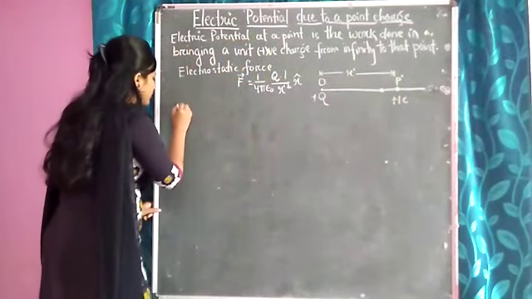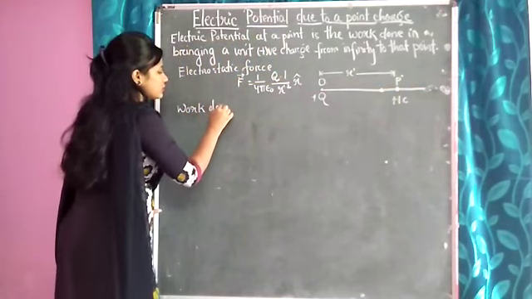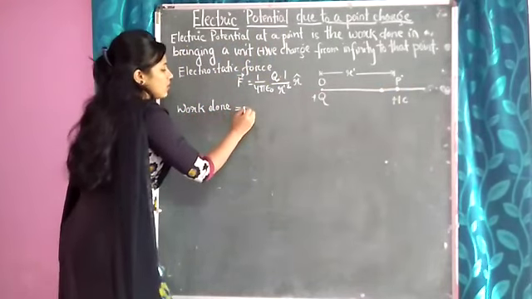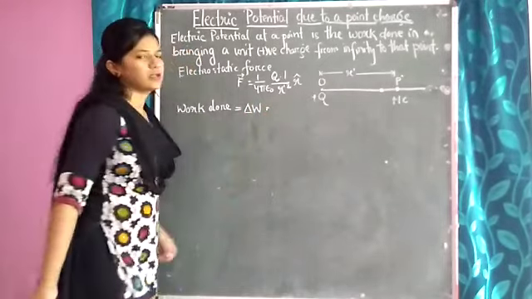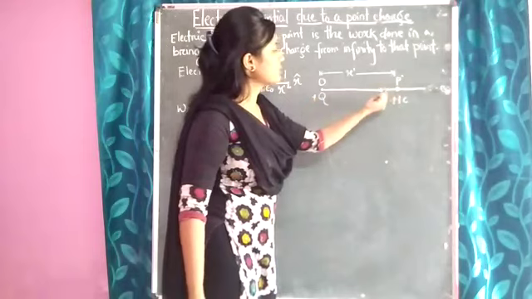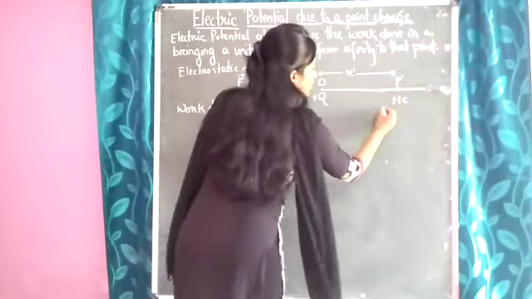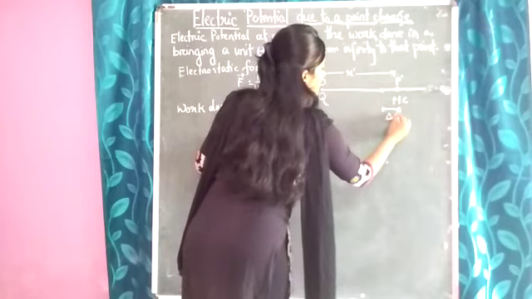Then we will go for the work done expression. del W. We are taking a small displacement, suppose the displacement is del r dash.